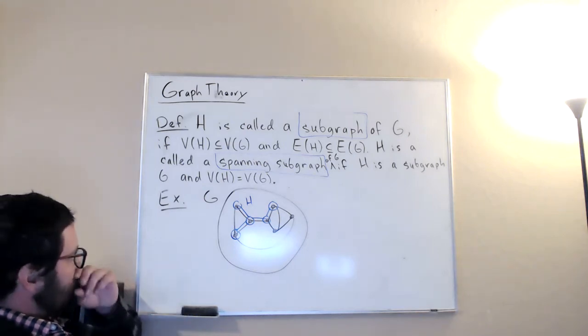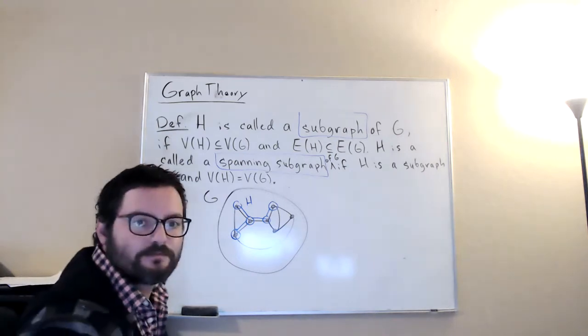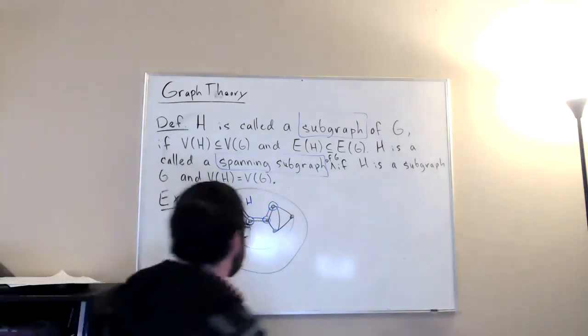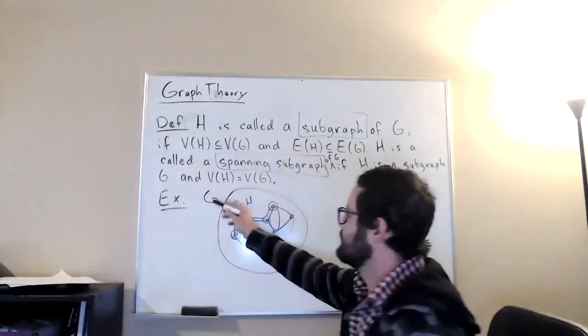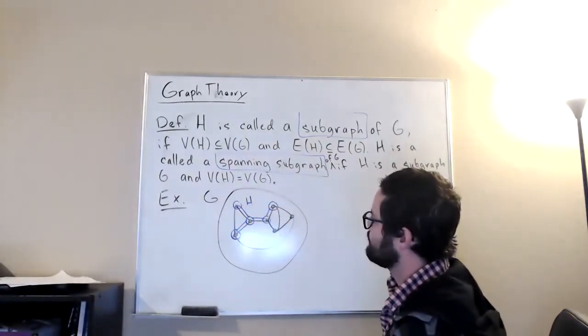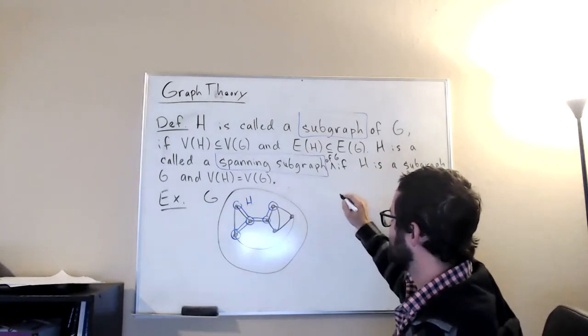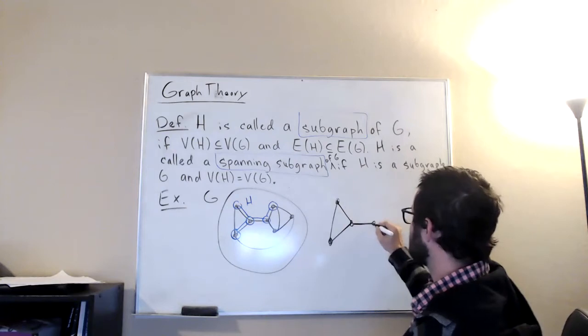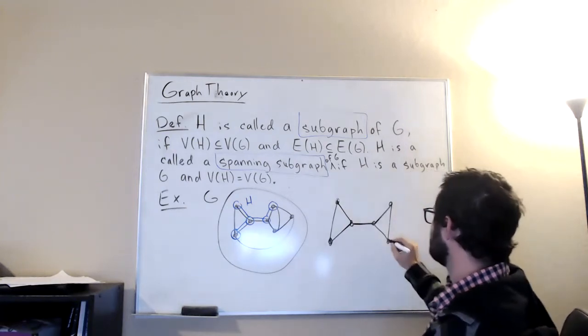So it is a subgraph, but is it a spanning subgraph? No, it's not. Right? It's not, because the vertex set of H does not equal the vertex set of G. A spanning subgraph would be something like, let's draw it again.